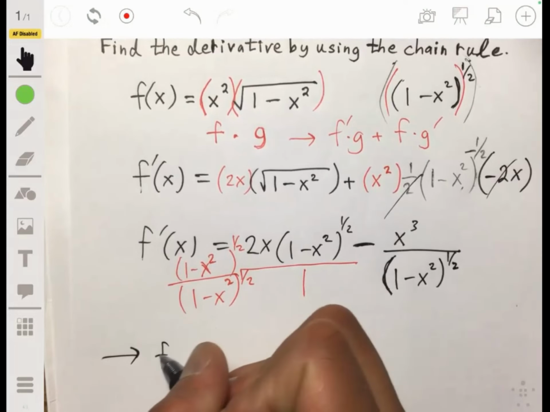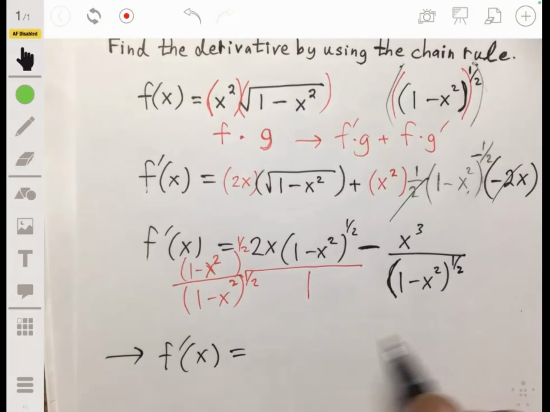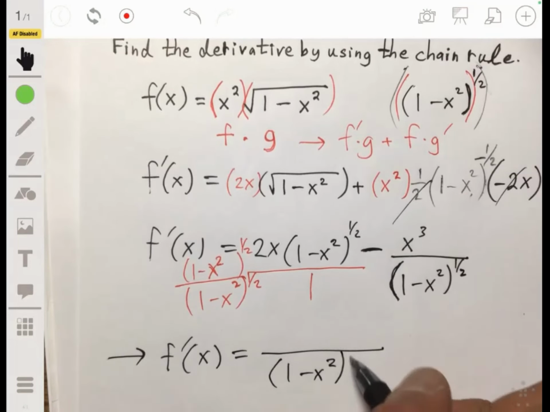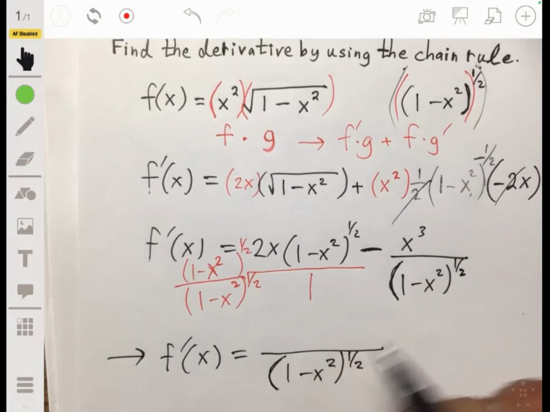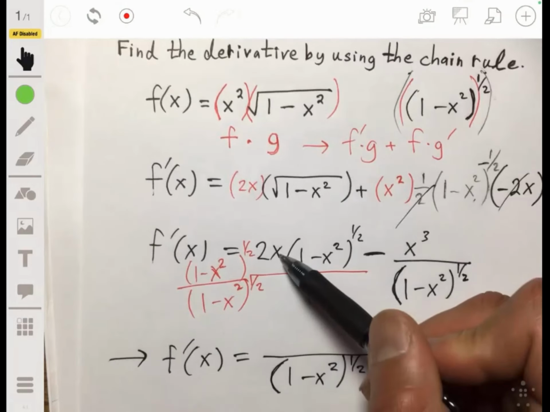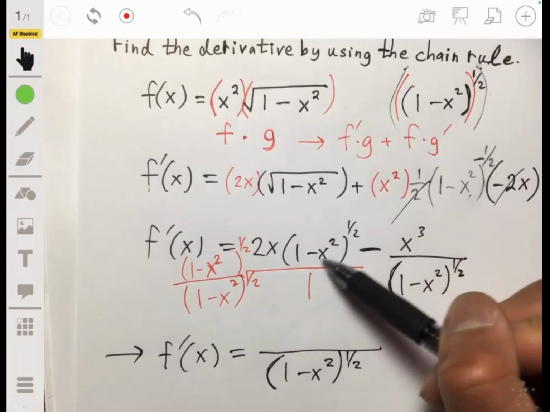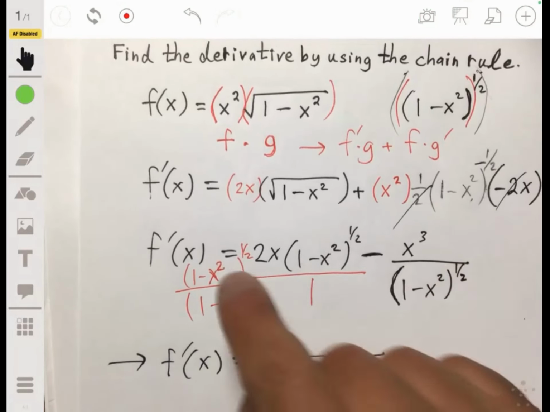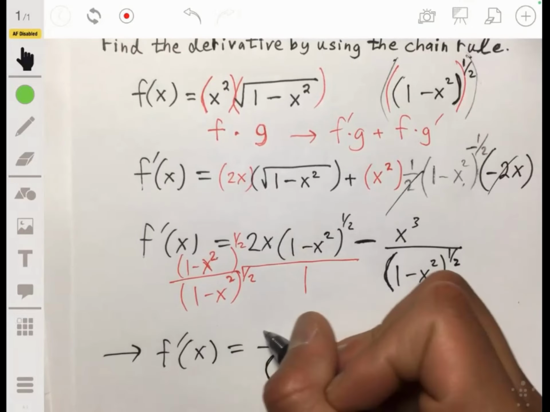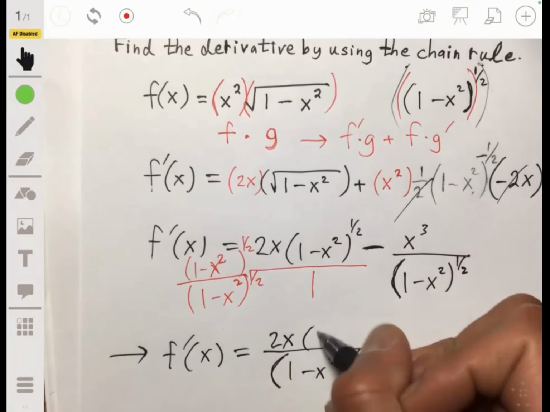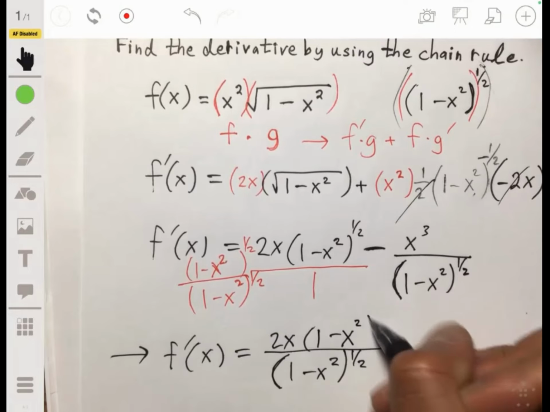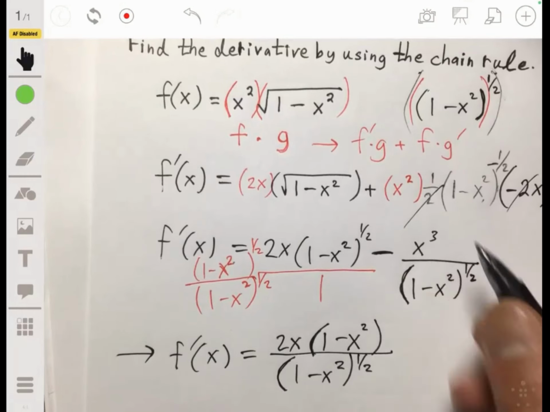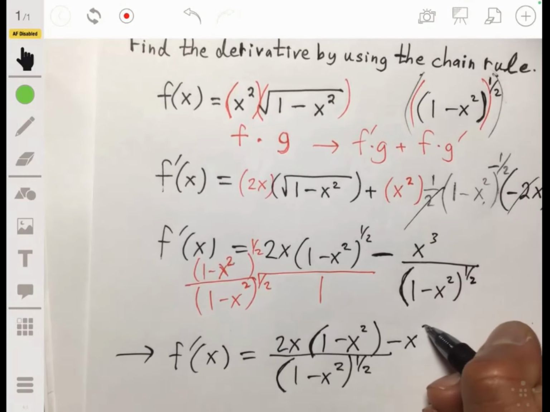So f prime of x will be all over 1 minus x squared to the 1/2 power. And on top, we have 2x times 1 minus x squared to the 1/2 times this. You multiply both these together and you just get 2x times 1 minus x squared to the 1 power, because the exponents add. And then let's subtract this x cubed at the end there.